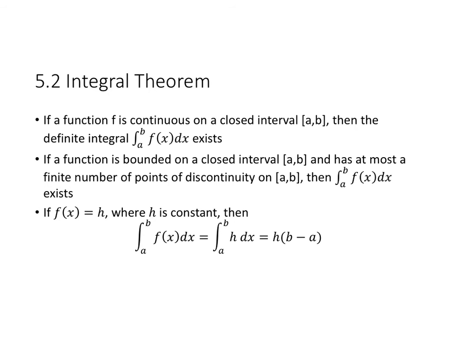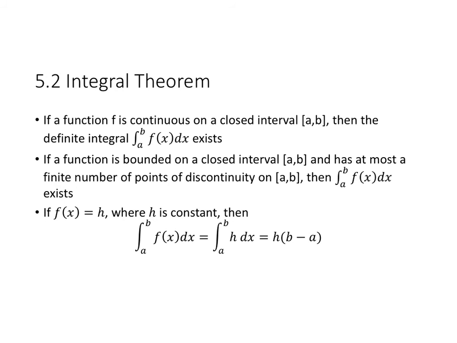On this slide, they're going to give us another definition or another property of integrals. So if we have a continuous function, then the definite integral from A to B of f of x exists. If the function is bounded on the closed interval, it has at most a finite number of discontinuities, then the integral also exists. And then one more here.